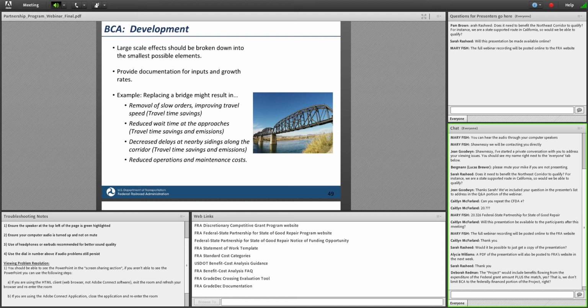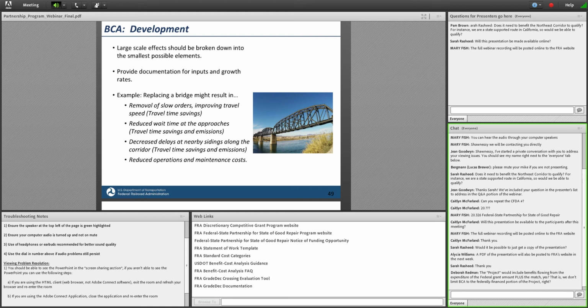When you are developing your BCA, it's important that you spend as much time as you can actually spelling out the effects of the project itself and breaking them down into the smallest possible details. I mean, this should really be 90% of the actual work of developing the benefit cost analysis itself.